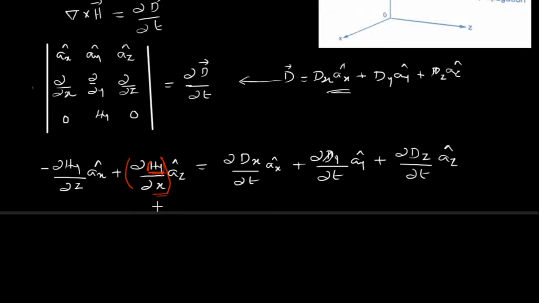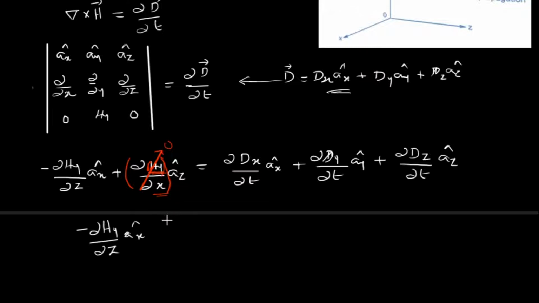So Hy cannot vary along the x direction, or in other terms, the variation of Hy along the x direction is going to be 0. This is purely conceptual, from the concept we started with.